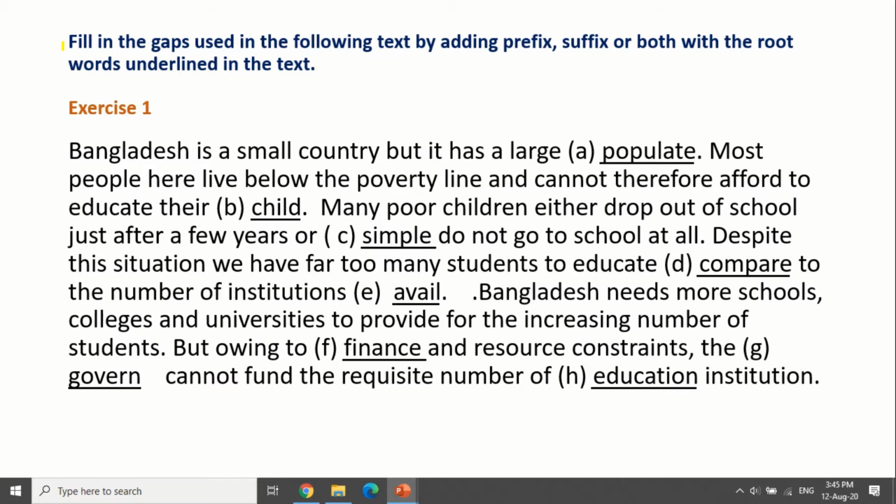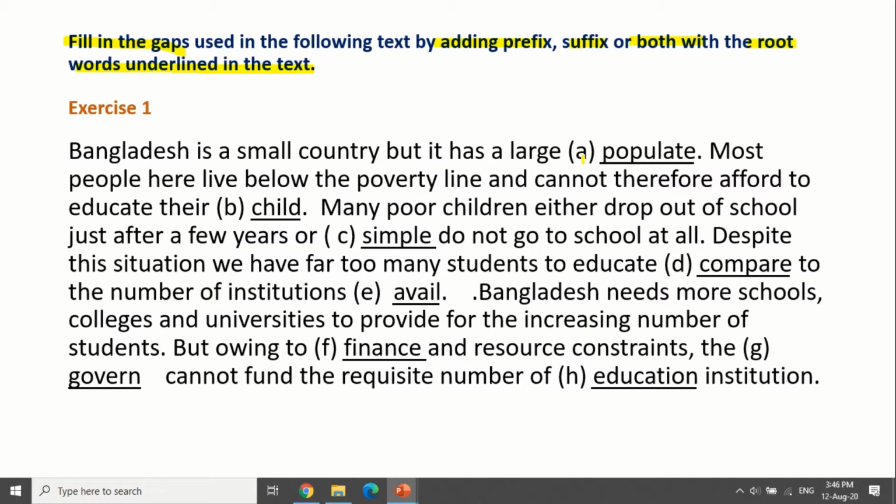So, in this class, you will find exercises based on the question pattern you will get in your JSC exam. You have to fill in the gaps used in the following text by adding prefix, suffix, or both with the root words underlined in the text.